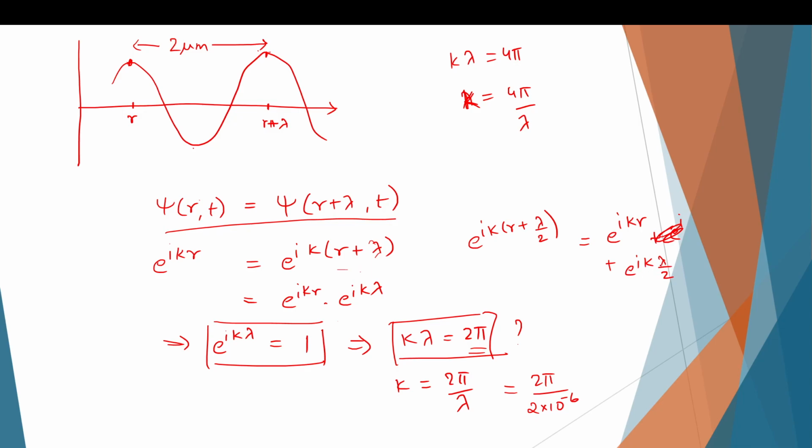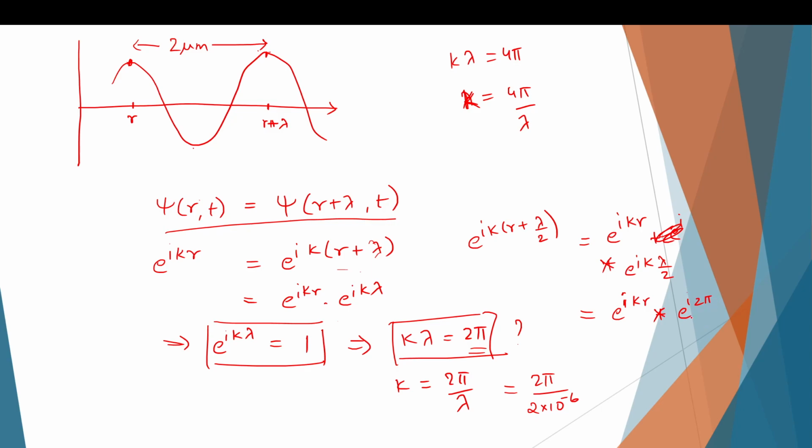And i k lambda over 2 is nothing but, with k as 4 pi over lambda, i into 2 pi. So this will become e power i k r into e power i 2 pi. Is this okay? Yes. Into or plus, ma'am? Into, sorry.